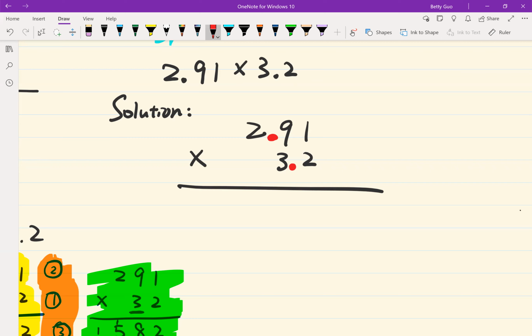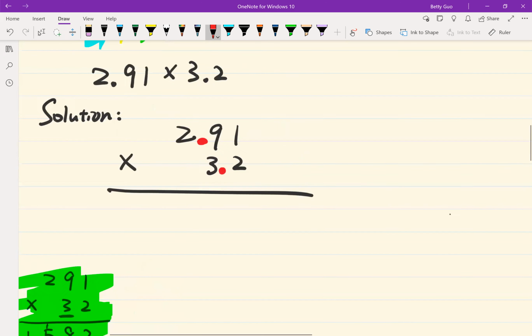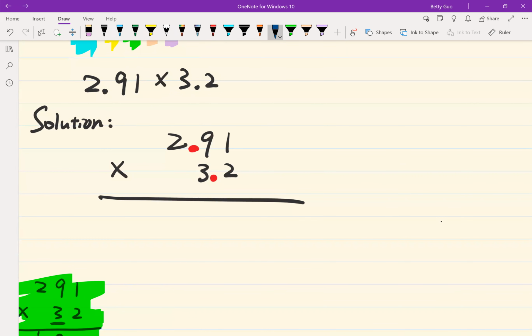Then you ignore the decimal points. You multiply 291 by 32 as usual, as with whole numbers. I assume we know how to multiply two numbers. 291 times 32. So 2 times 1 is 2. 2 times 9 is 18. 2 times 2 is 4. We have a 582 here.